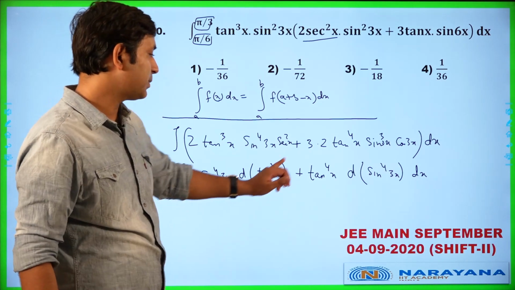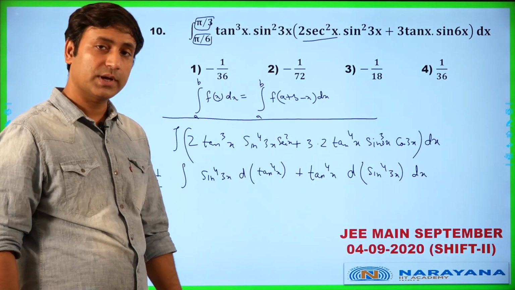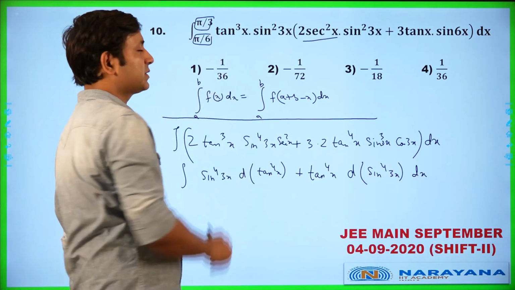Hence, it's ab dash plus ba dash. It must be differentiation of the product of sine power 4 3x and tan to the power 4x with the limits from pi by 6 to pi by 3.